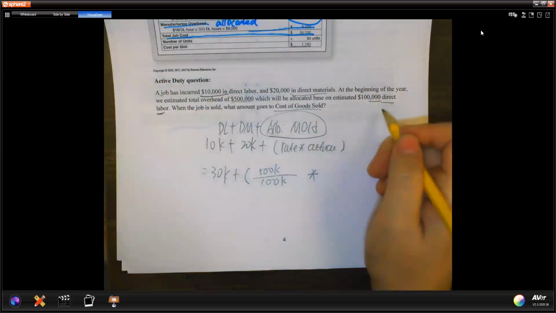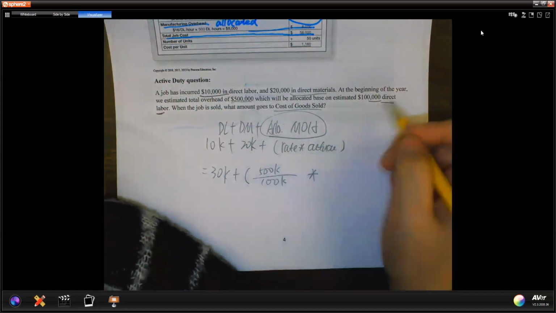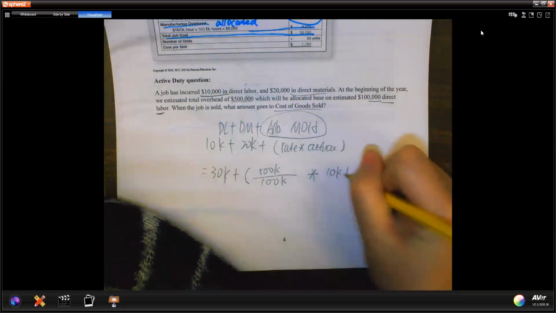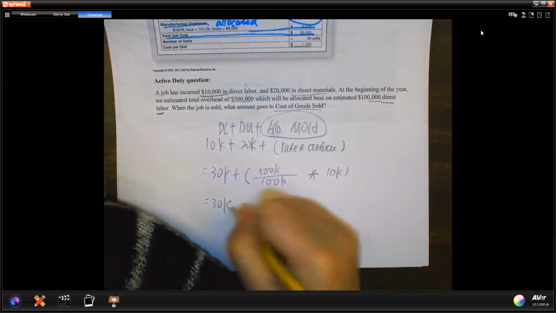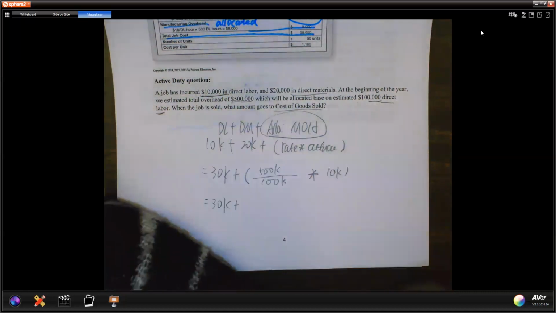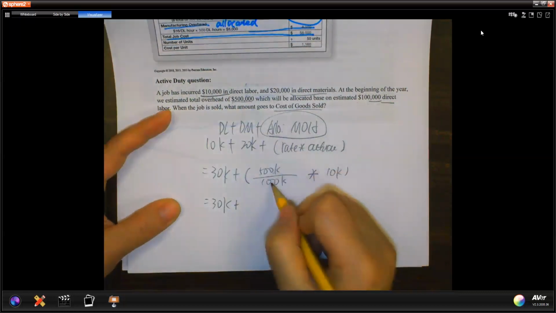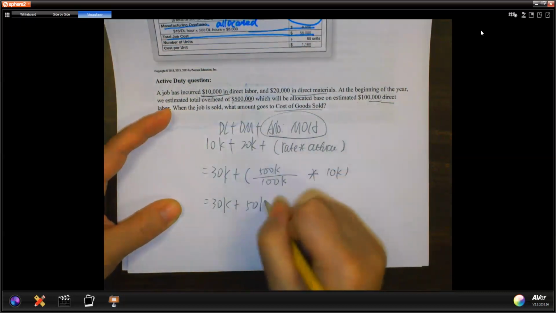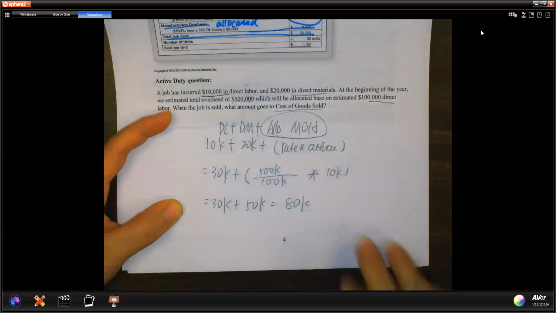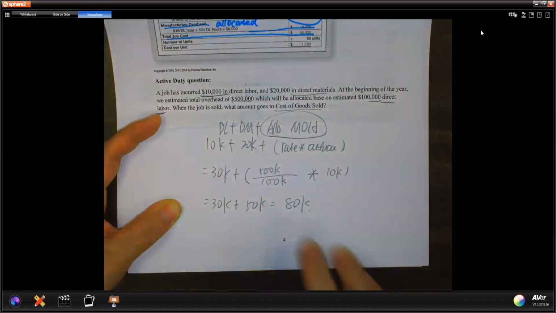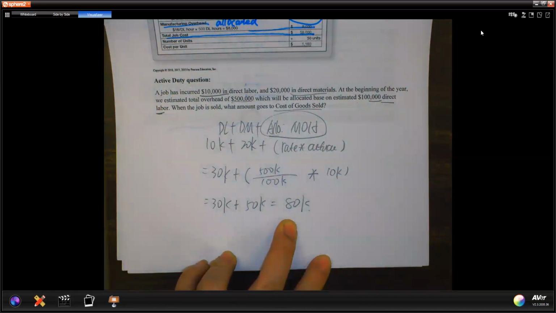And what is our actual direct labor? Actual direct labor is 10,000. So that's 30,000 plus 50,000, which gives you 80,000. That is our cost of the job.